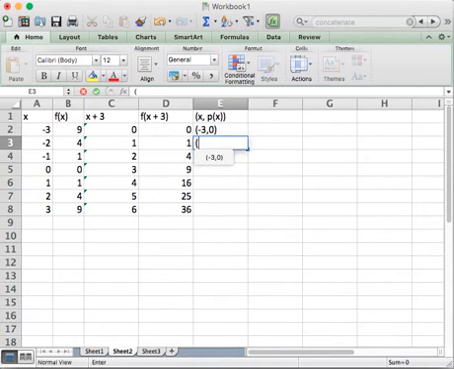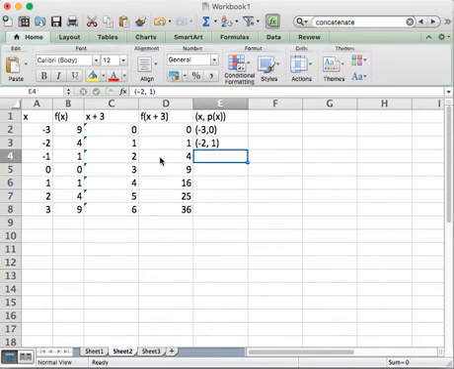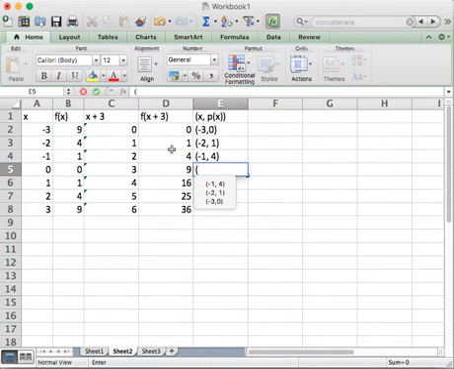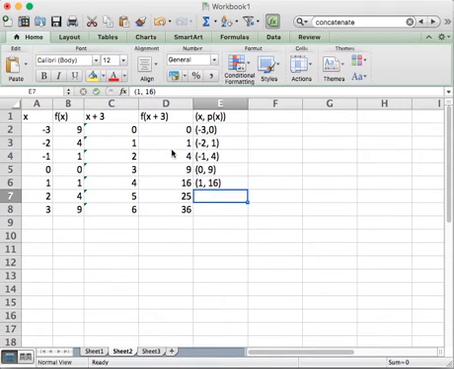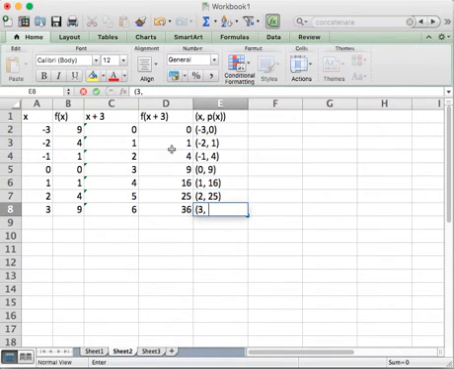Tapos, yung x natin negative 2, ang y natin 1. Tapos, negative 1, 4. And then we have 0, 9. Then we have 1, 16. Then we have 2, 25. And 3, 36. Medyo malayo na itong mga points na ito.